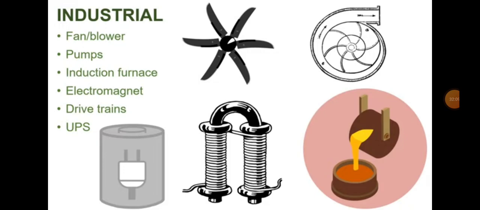Another advantage of it is, if we are reducing the speed of the motor, the electrical energy required for driving that particular load by the motor will also be reduced. In this way, the efficiency of the entire system will be improved.